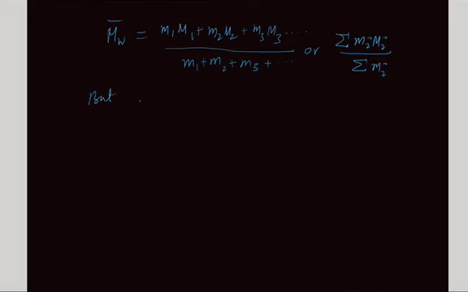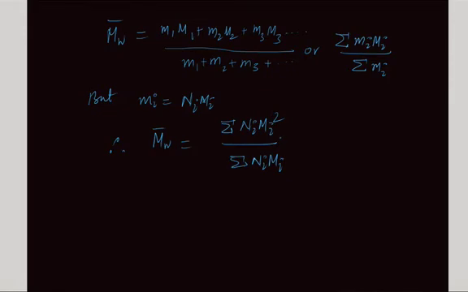But we do know that mi, which is the mass, can be represented as number of molecules into its molecular mass. So therefore, now I can write Mw is equal to summation of ni Mi square divided by summation of ni Mi, because I'm substituting mi here.